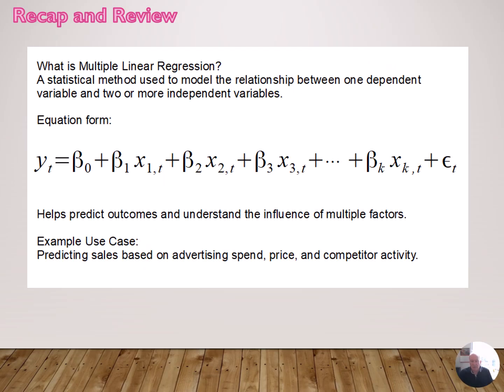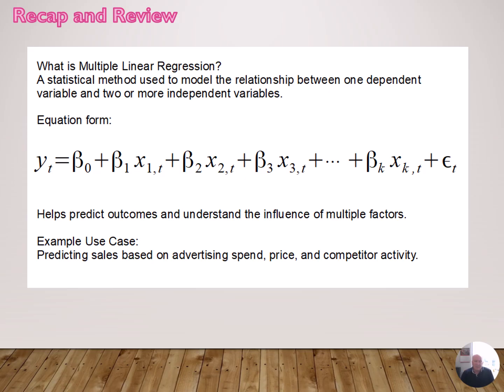So what is multiple linear regression? This is a statistical method that's used to model relationships between one dependent variable and two or more independent variables. It has the form of y equals b naught, some constant, plus beta 1 times x1, plus beta 2 times x2, plus beta 3 times x3.